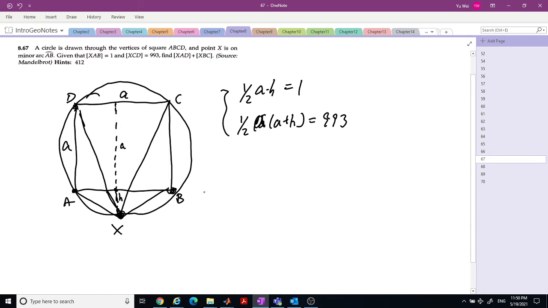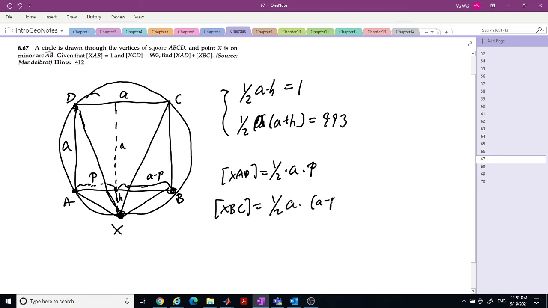So we can see the area of triangle XAD is equal to half of A times P, where this length is P and this length is A minus P. And XBC is half of A times (A minus P).